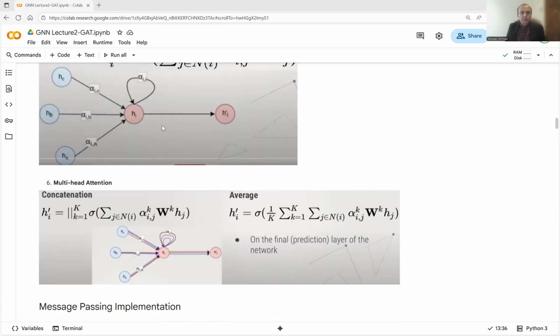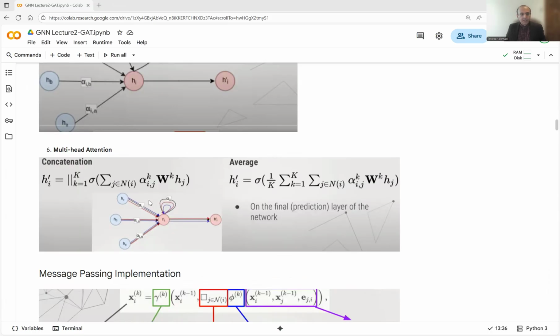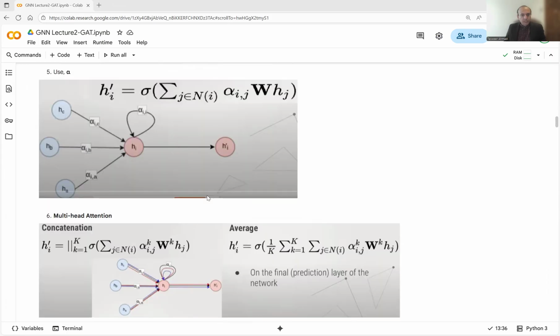Just like this, we have multi-head attention as well. These multiple heads could be attention to age, attention to gender, attention to height, etc. These different heads could be concatenated or they could be averaged.